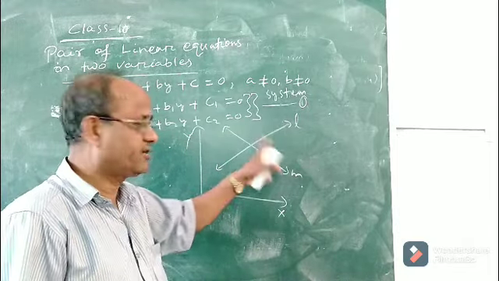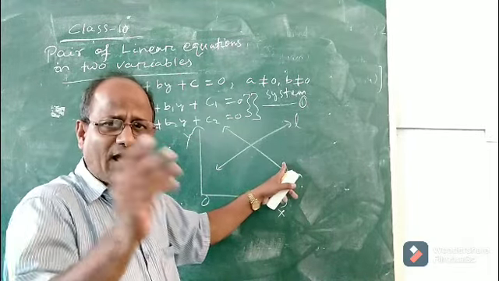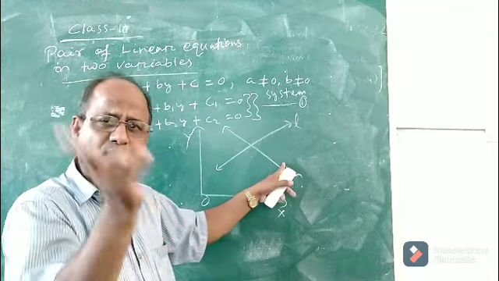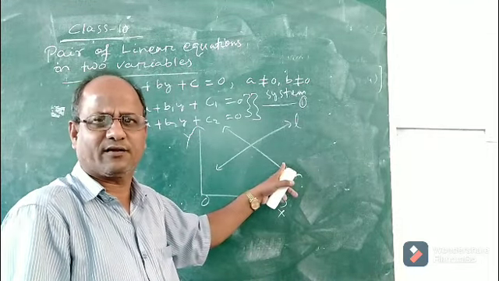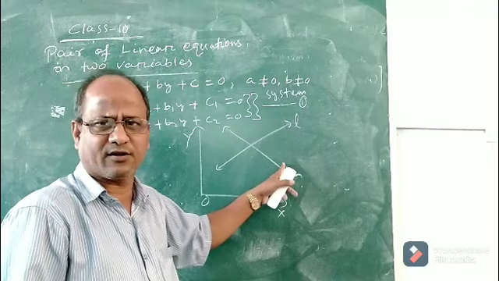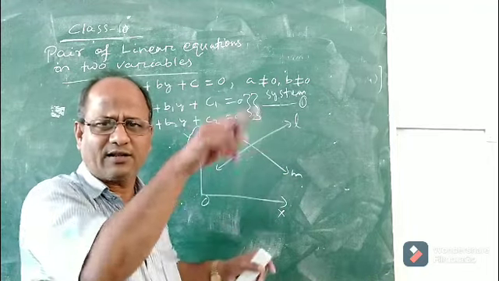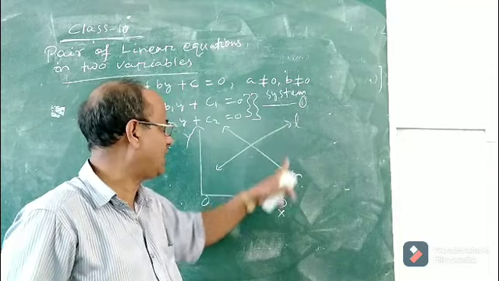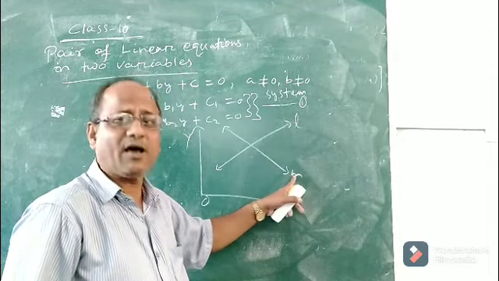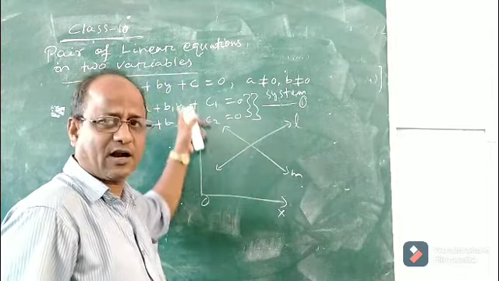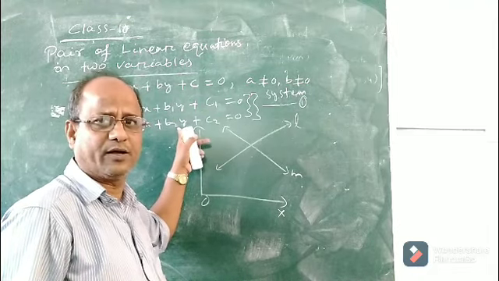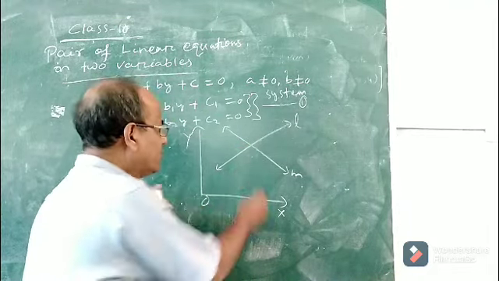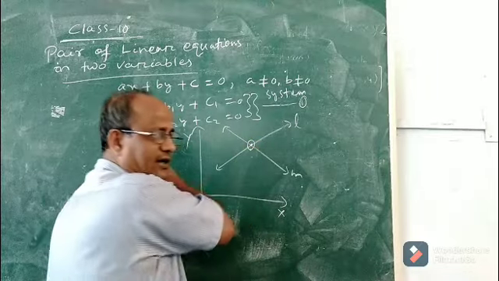Two lines in a plane, what may be the possible relations between them? In a plane, two lines are either intersecting, you see, L and M. These are the graphs of these two linear equations in two variables. Here, they are intersecting at a point.